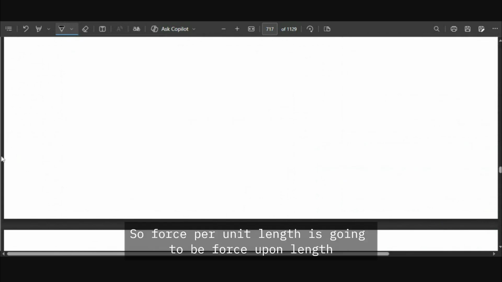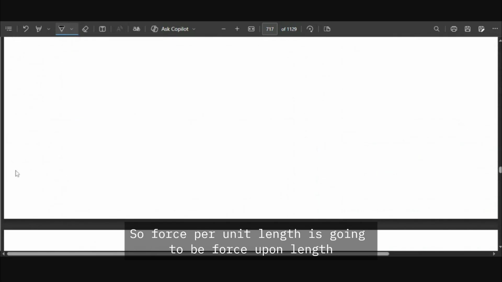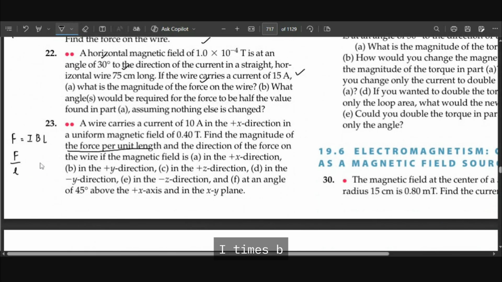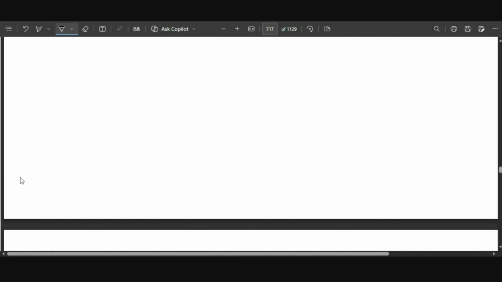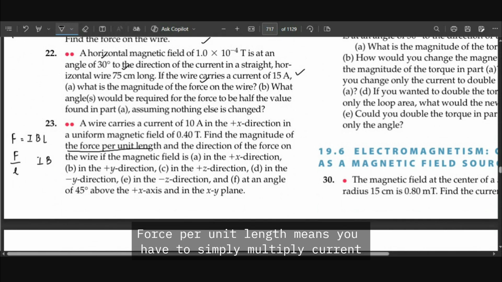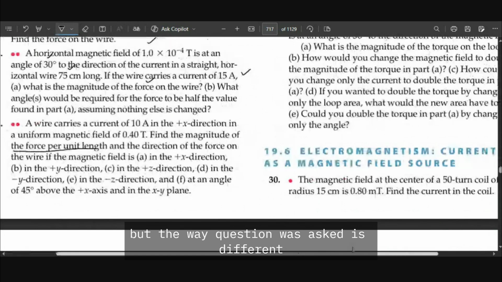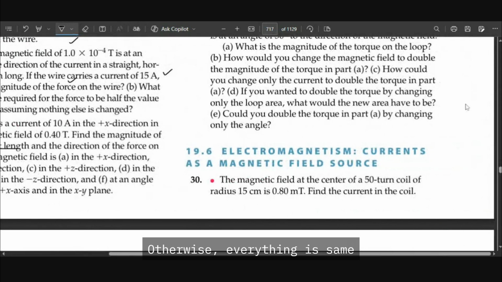Force per unit length is going to be force upon length, which is I times B. Force per unit length means you simply multiply current and magnetic field. Once you multiply it, you will get the force per unit length. That is also pretty simple, but the way the question was asked is different. Otherwise, everything is the same.